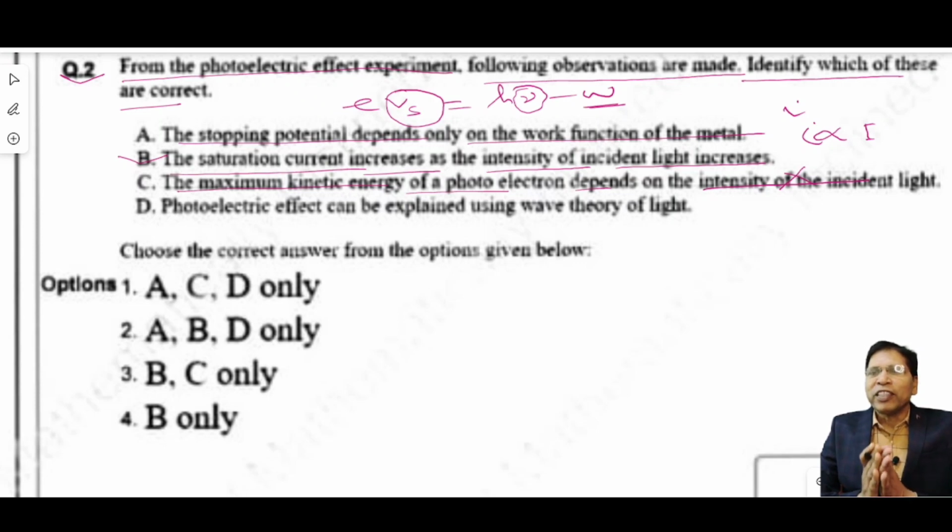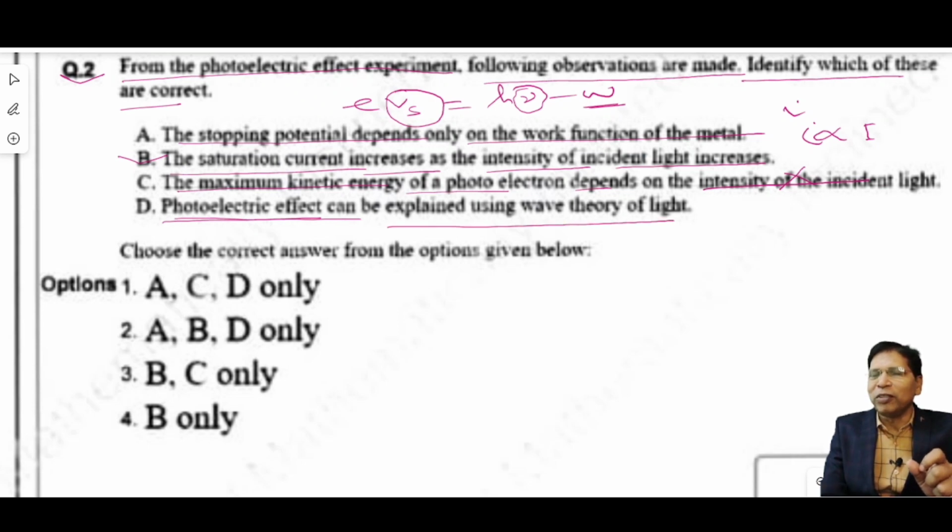You know, the maximum kinetic energy of photoelectron depends on the nature of the metal surface and the nature of radiation incident on it. Now D, the photoelectric effect can be explained using wave theory. No. So only option B is correct.